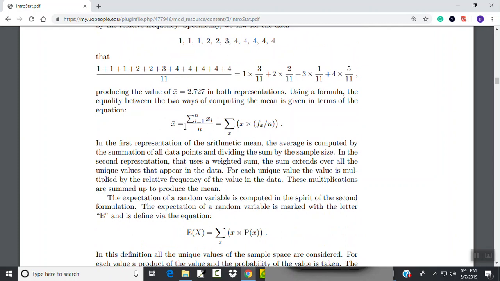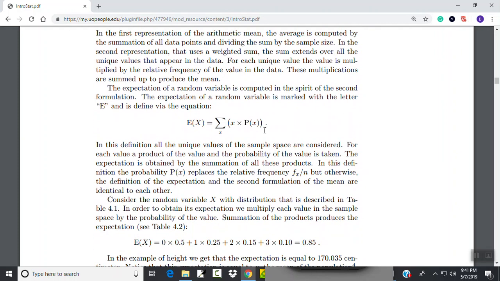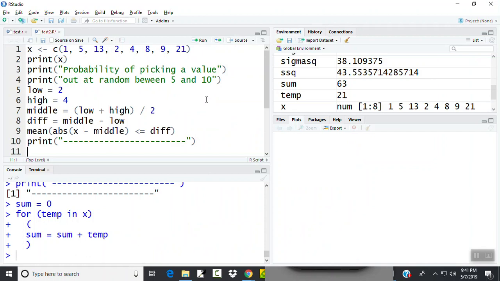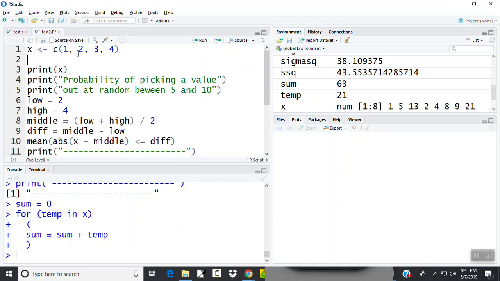Here's your expectation. Mean is sum of your x's divided by n. Okay, now let's take a look at this formula. This is referring to a probability distribution where you got x times p of x. What that means is maybe this represents the number of male children, and p of x is going to be the probability.